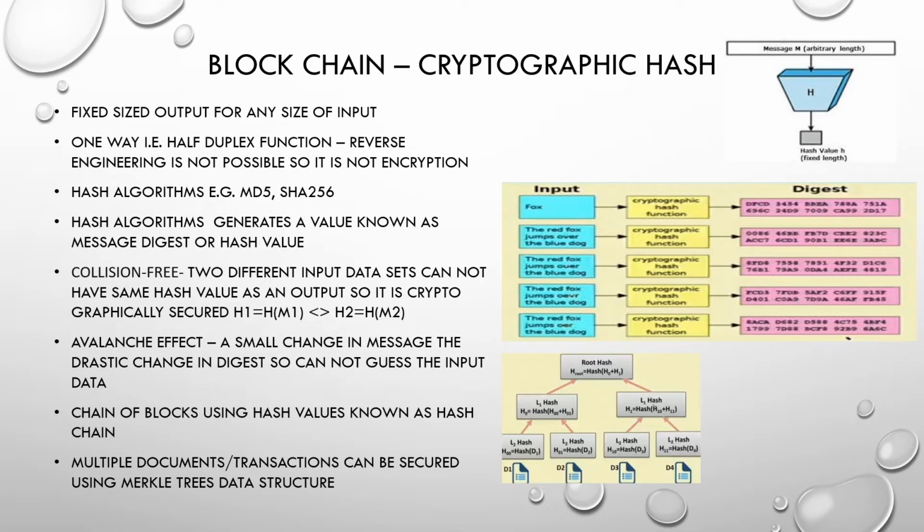The second property of a hash value is the one-way function property. That's why this hashing function is called a one-way function, or in networking terms, we can say a half duplex function.